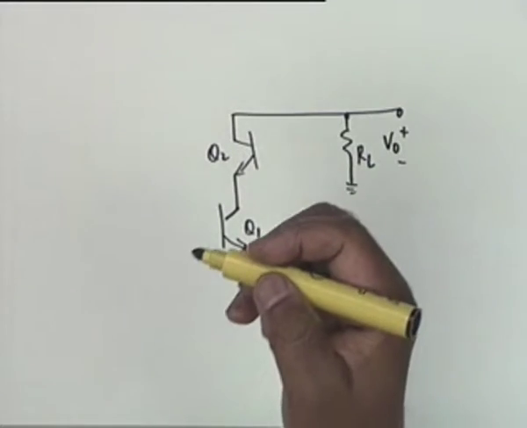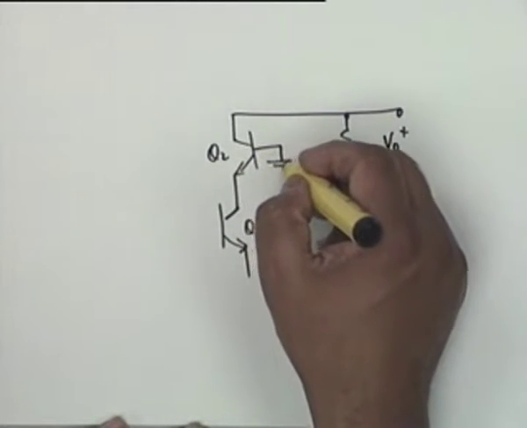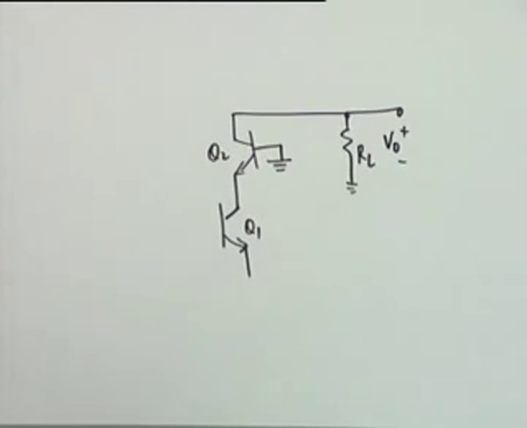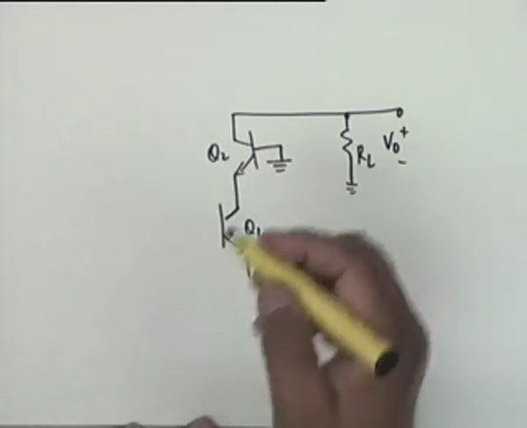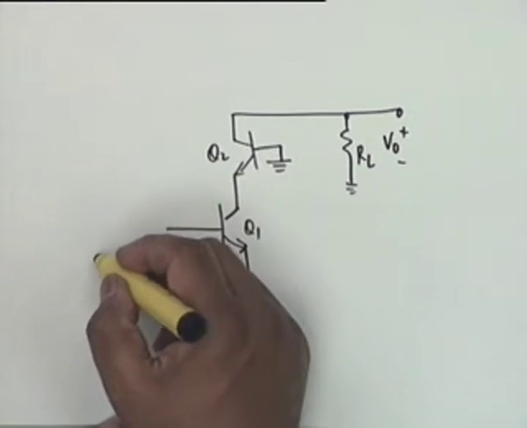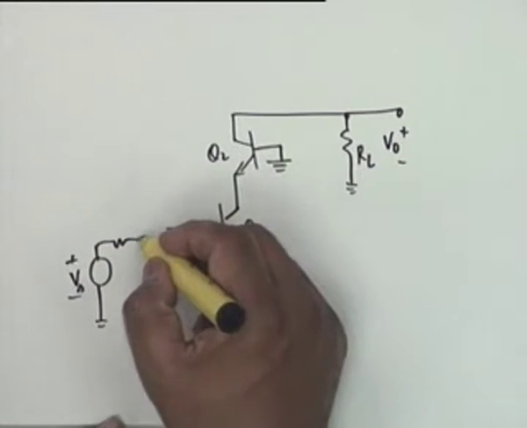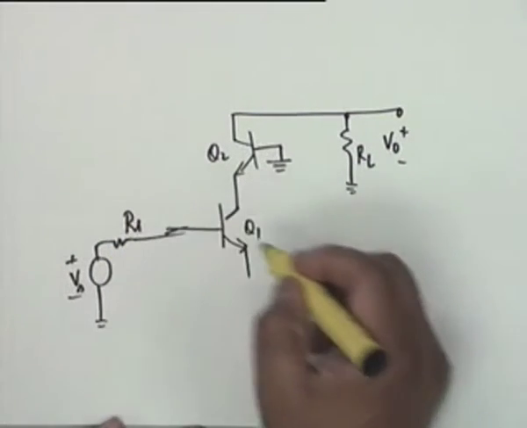Let me draw this circuit. Then the base of this is a common base circuit. The base of the second transistor, as is usually the case in a cascade connection, Q1, and the voltage source Vs, Rs.